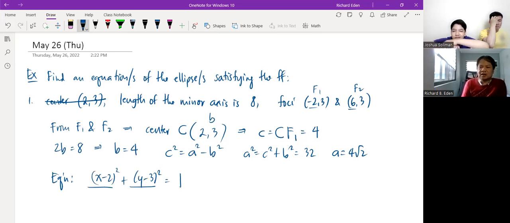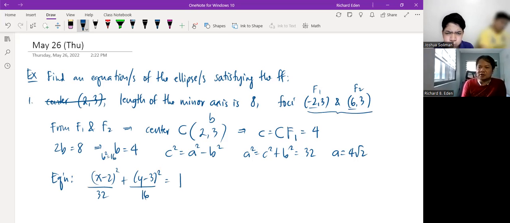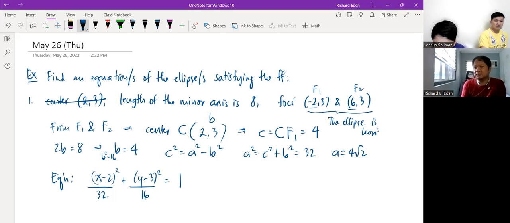So that dictates a squared is 32, it's larger, and b squared is 16. So 32 under the x part and 16 under the y part. And that's it. That's how we're able to arrive at the conclusion that the ellipse is horizontal. It's because of the foci, because they have the same y coordinates. So the ellipse is horizontal.